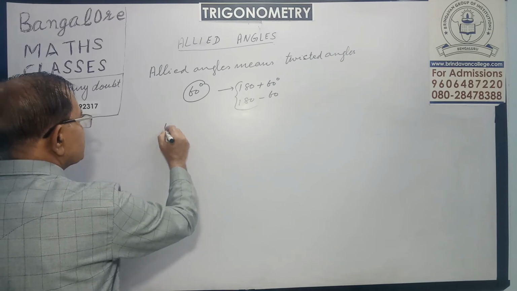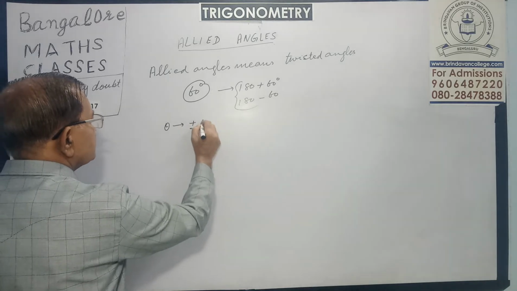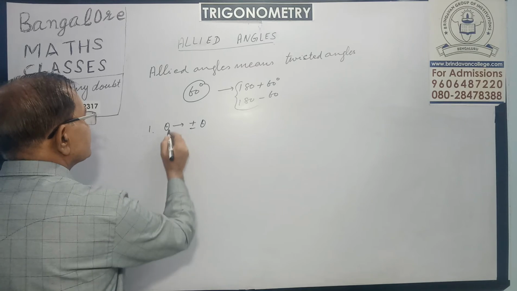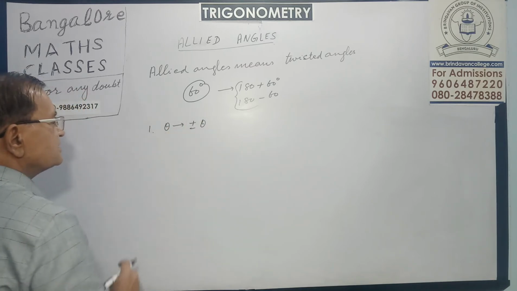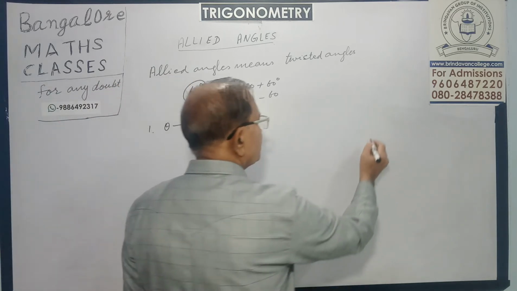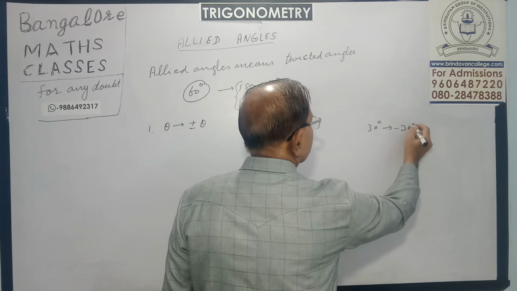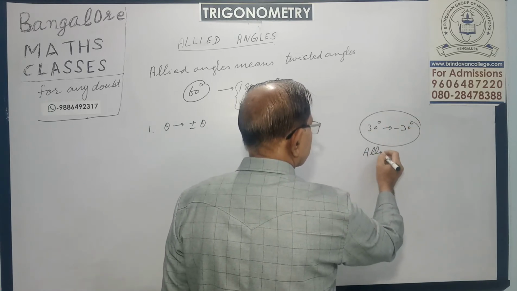If the given angle is theta, I can put it as plus or minus theta. So theta is already there if I write plus theta. When I twist it to minus theta, say for example it is 30 degrees, I put it to minus 30. I will call it an allied angle, that is a twisted angle.